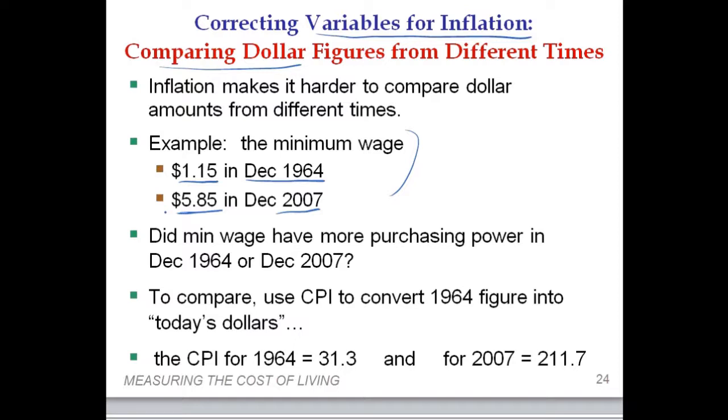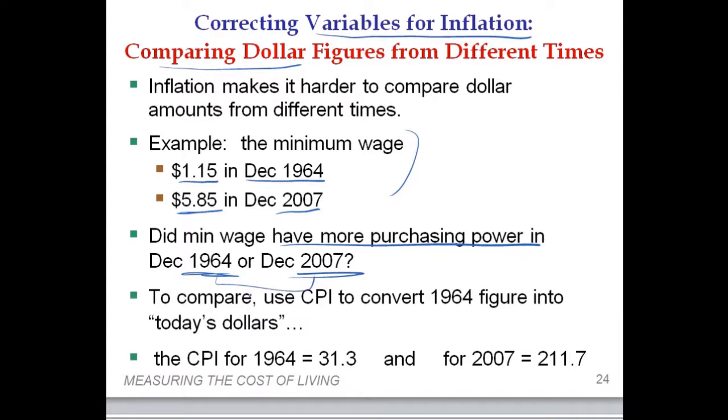The question in this exercise is whether the minimum wage that workers earned in December 1964 had more purchasing power than the minimum wage that the workers earned in December 2007.